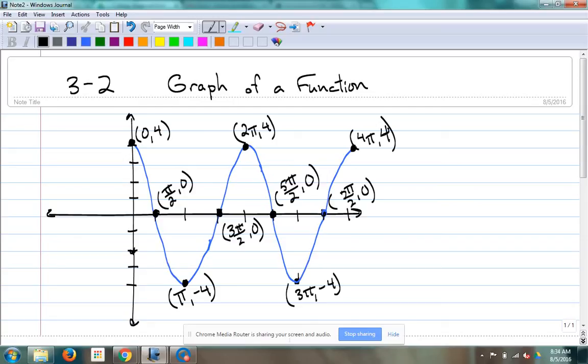When they give you a graph and they want you to do some of this stuff with it, they're going to give you the important points, or at least this is going to help us know where the important points should be. So we notice right here, where is this point at and why is it important? 0, 4. Where's it located on that graph?